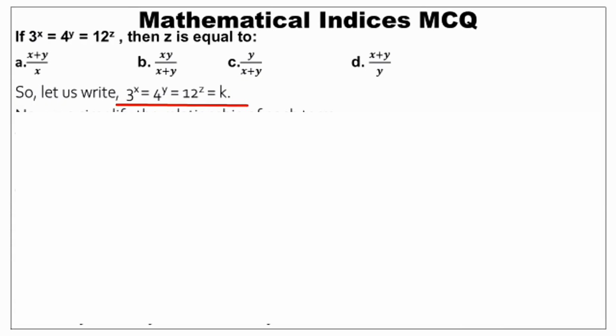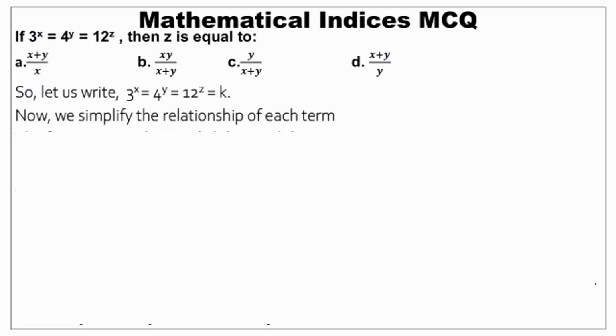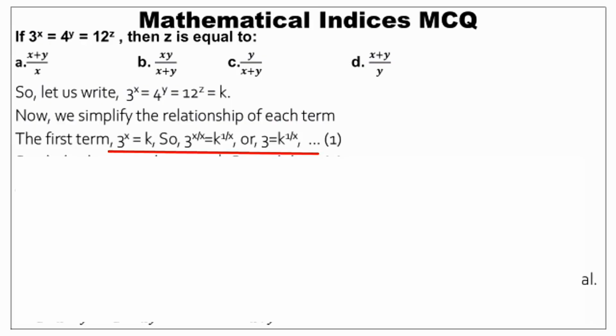So, let us write 3 to the power x is equal to 4 to the power y is equal to 12 to the power z equal to k. Now we simplify the relationship of each term. The first term, 3 to the power x is equal to k.